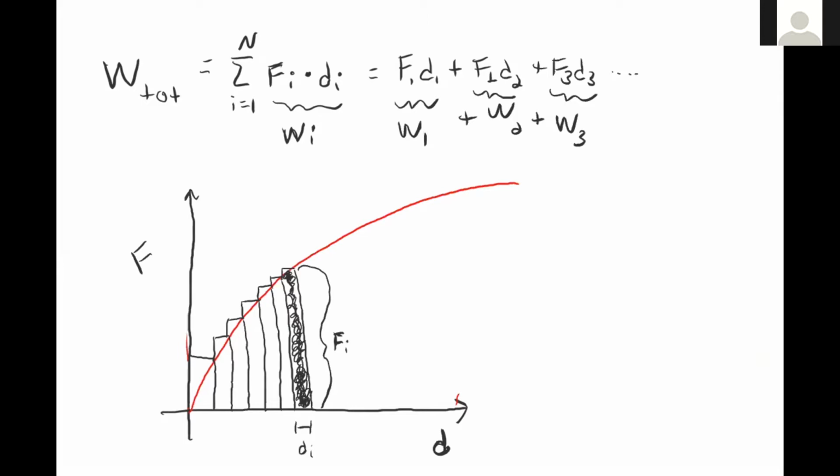Then you have a little tiny rectangle that gives you the work done over that step. The work done over that step, W sub I, equals the height of this rectangle, which is the force over that step, times the width, which is the incremental distance you pulled the spring over that step. That gives you the work done for that little step.